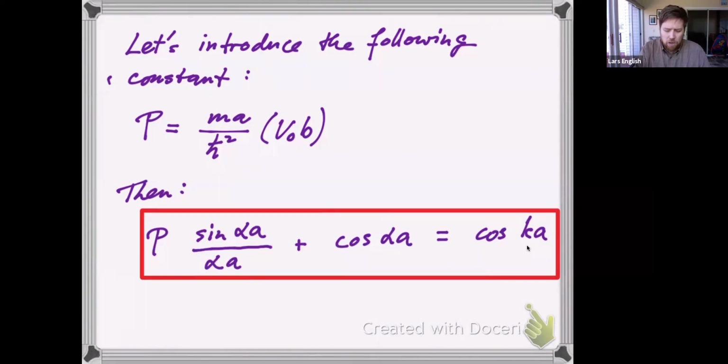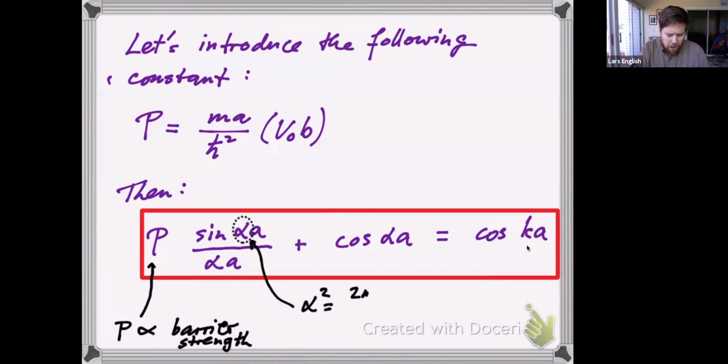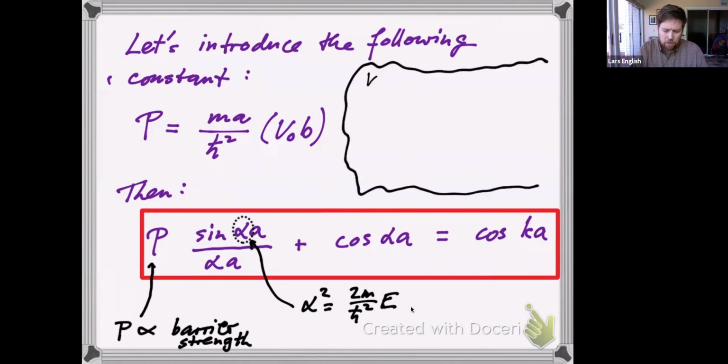Okay, so just to give you a rough idea of how this happened, before we do that, let me remind you of a couple of things. P here was the barrier strength, alpha, okay, still related to E. And so, for instance, where did the gamma go, you might ask.